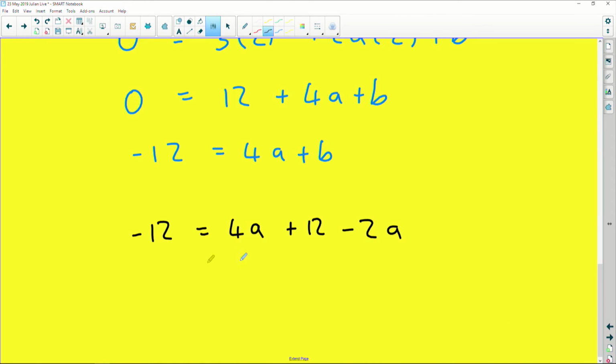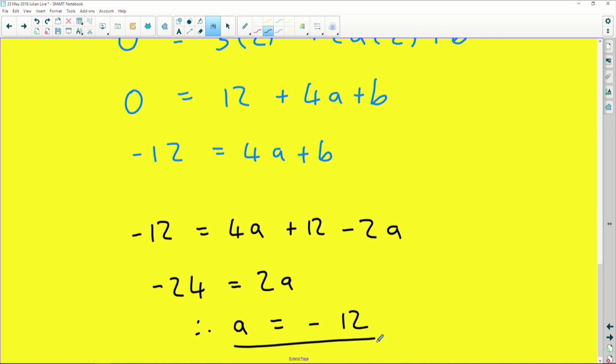I can now simply solve for this variable because it's a linear equation, and then I can substitute that value into my other equation to find my b value. So if I carry on with this, I'm going to end up with negative 12 minus 12 gets me negative 24. 4a minus 2a is equal to 2a, and therefore I have a is equal to negative 12.